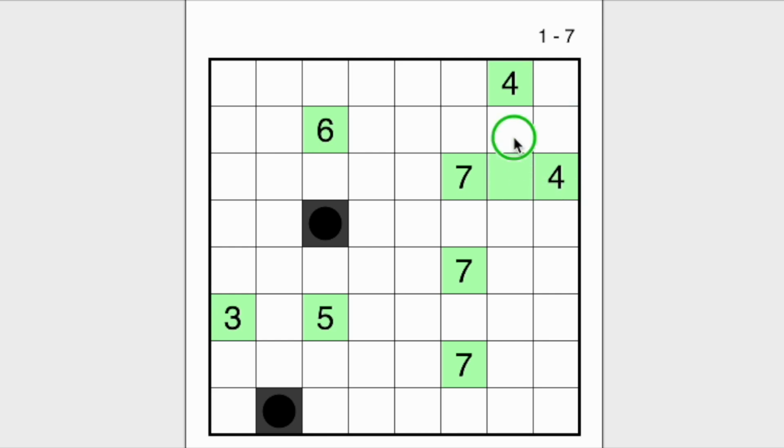It could go that way, it could go up, or it could do that. Those are the only ways we can have a 4-cell region that includes both of these cells.